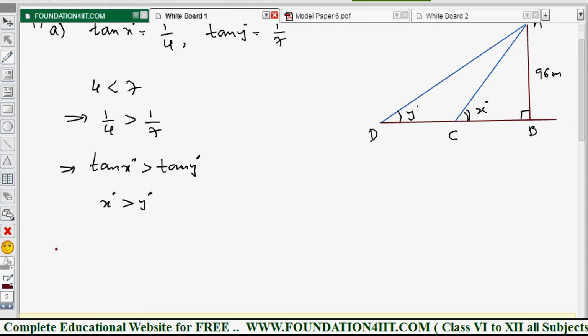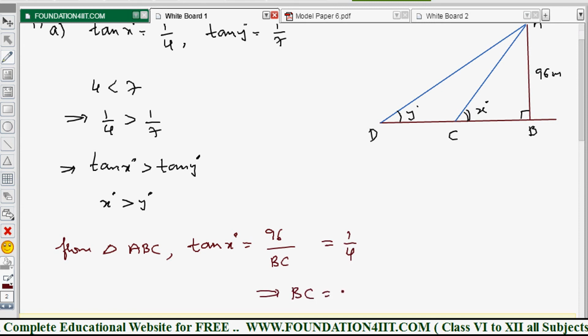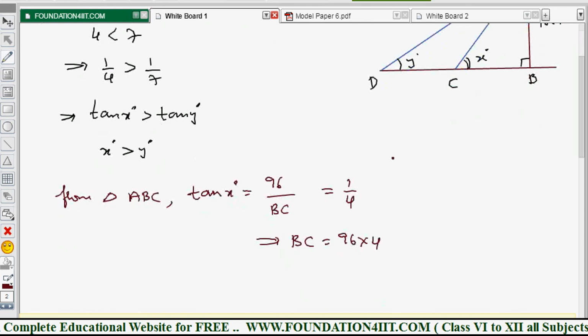From triangle ABC, tan x is equal to opposite by adjacent, so 96 by BC, and the tan x value given is 1 by 4. So from this, BC is equal to 96 into 4. BC value is 96 into 4 meters. Let it be like this.